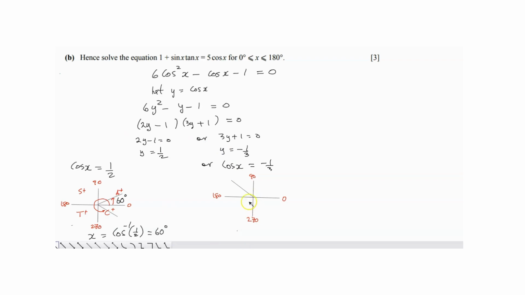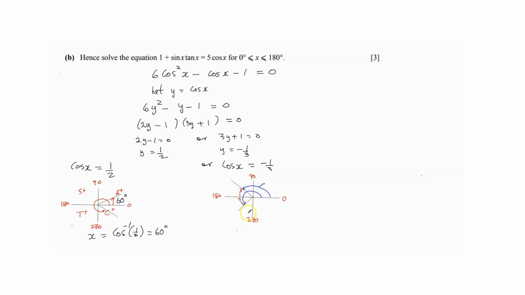This angle and this angle are the same. Okay, so the possible value of x that we really want has to be from 0 to here. Since our range is between 0 and 180, but there is also another solution for x, which I'm going to mark here, right around to this angle here. But since our range is between 0 and 180, it has to be this value here.